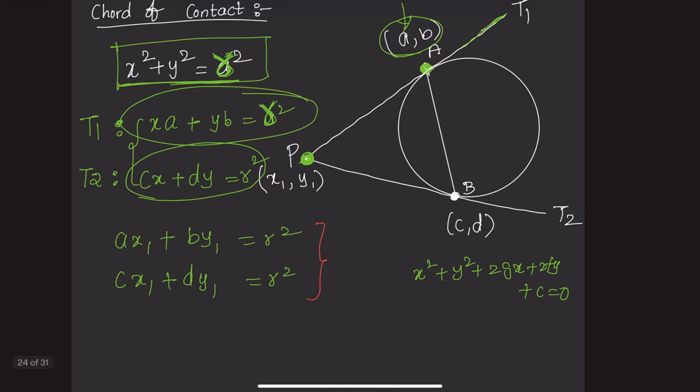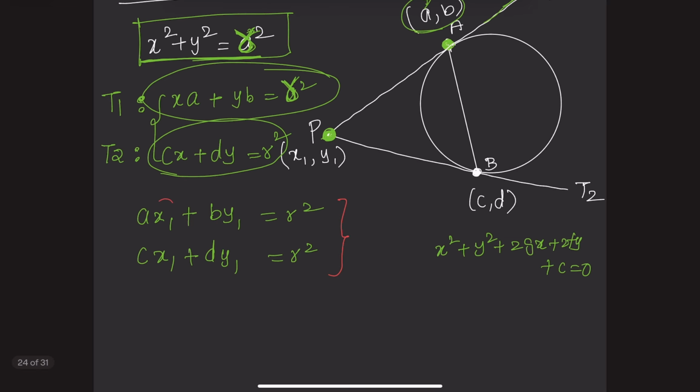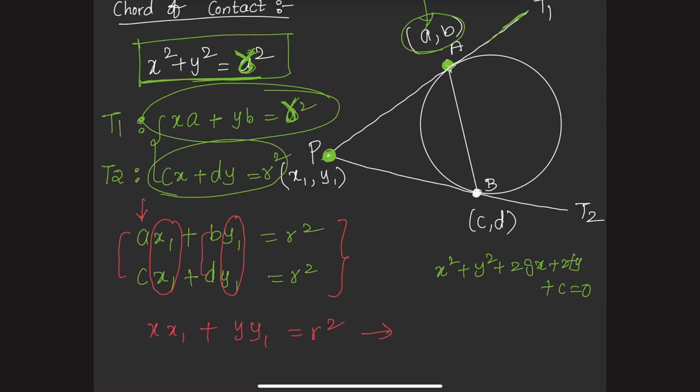From here you can conclude that x1 is common in both the equations. So let us consider this particular equation, x x1 + y y1 = r². (a, b) will be one solution to this equation, and from the other equation we can conclude that (c, d) is another solution to this equation.